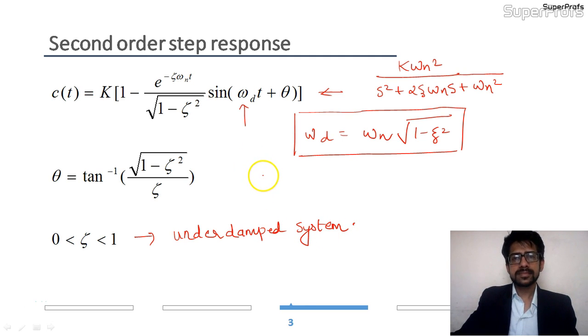Also, theta is defined as tan inverse of root of 1 minus zeta square by zeta, or cos inverse of zeta. So by the knowledge of zeta and omega n, you can totally model the system into its time response. We will put different values of t to find c of t. Now let us see in the graph how exactly a second order response looks like.